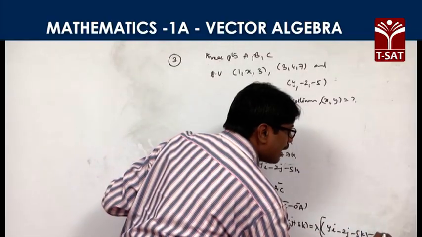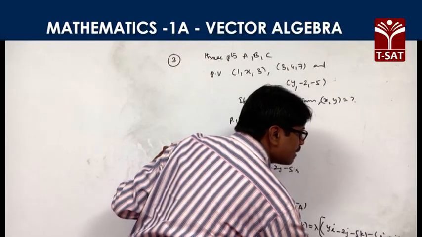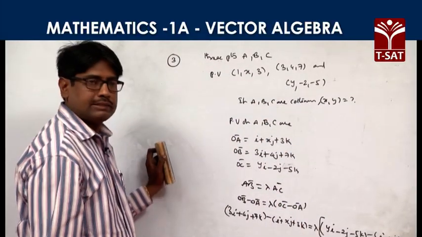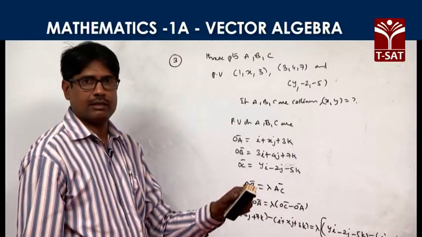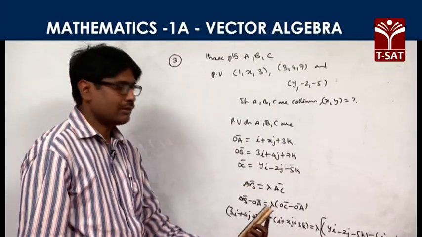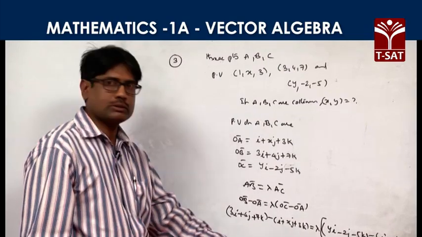OA bar will be I bar plus x times J bar plus 3 times K bar. Just now we have discussed that I, J, K are linearly independent.